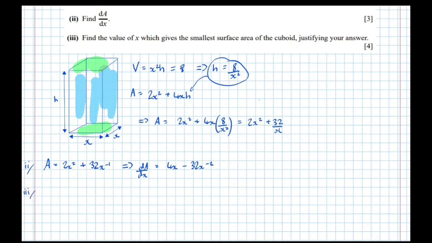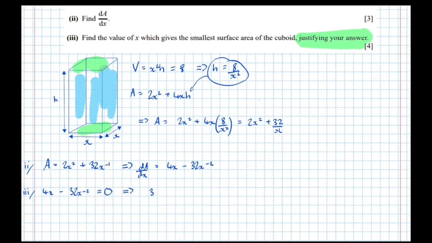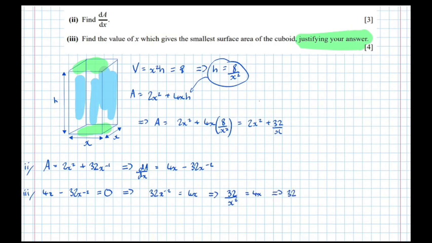And for question 3, we want to find the smallest surface area of the cuboid. So first we write dA over dx equals 0. Simplify it, to find x, so we get the answer x equals 2. But we don't know whether x equals 2 is maximum or minimum.